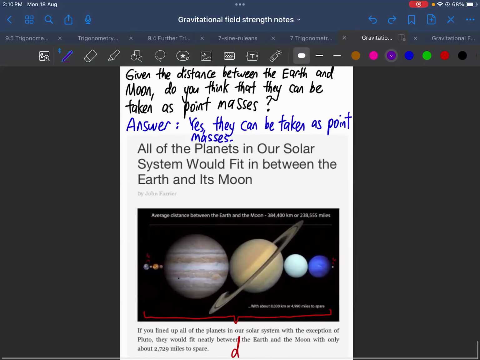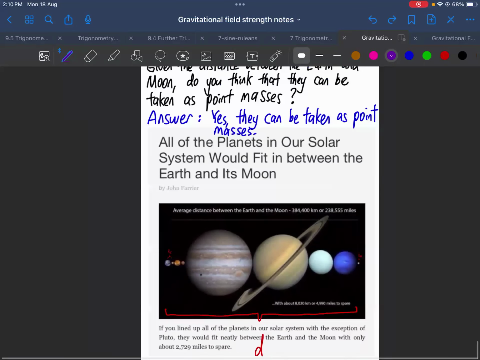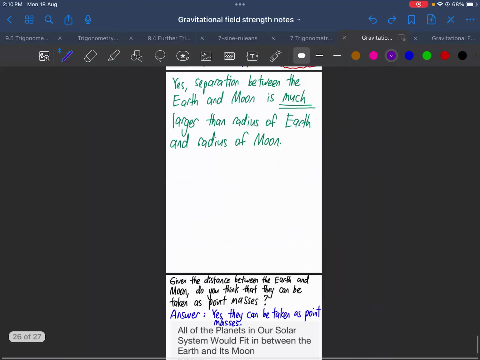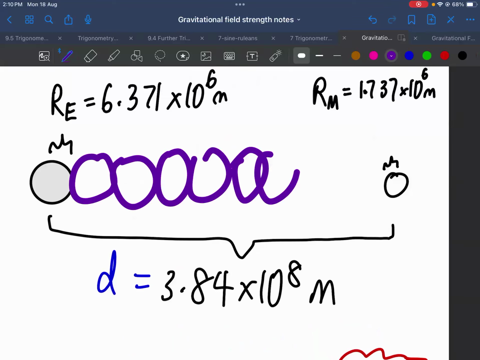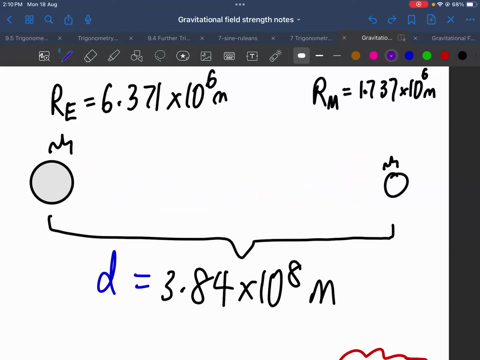And in fact, I want to tell you a more crazy fact. Given the distance between the Earth and the Moon, do you think you can squeeze all the planets here or not? You want to squeeze all the Mercury, Jupiter, Saturn, whatever. Do you think they fit in between the Earth and the Moon or not? Maybe the student will say, oh come on, how could that be possible?